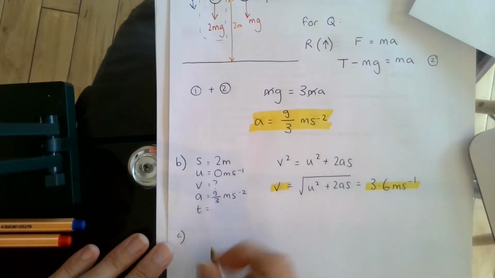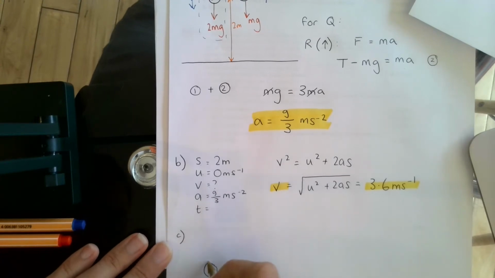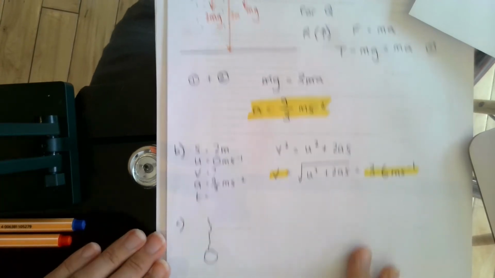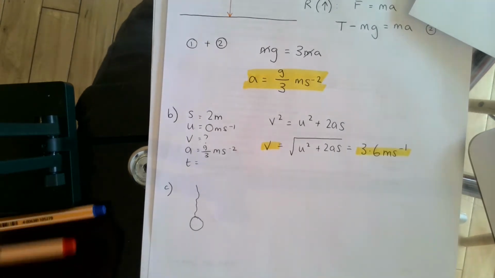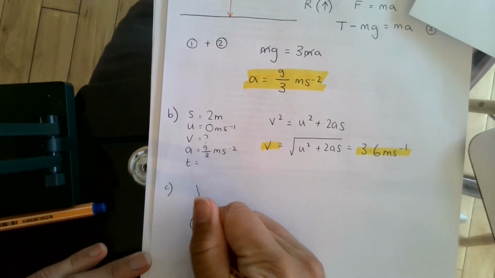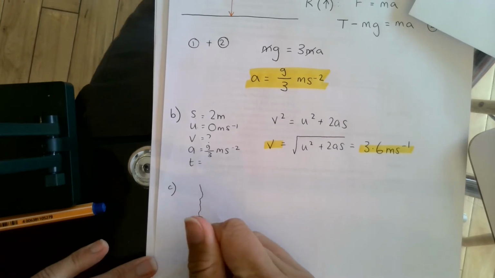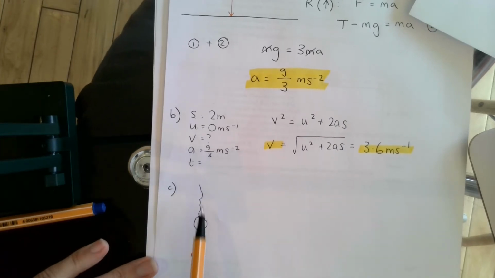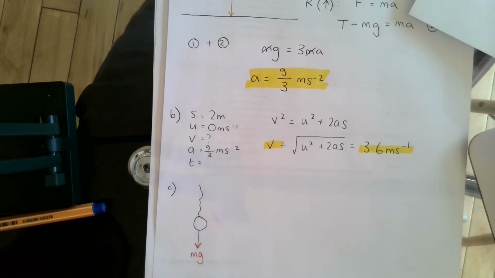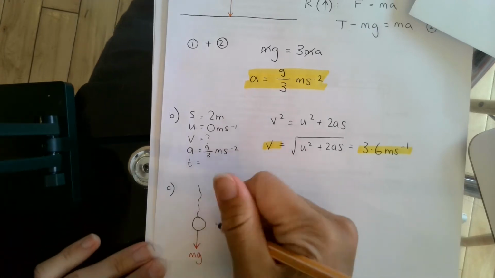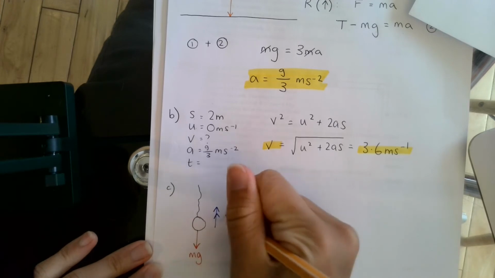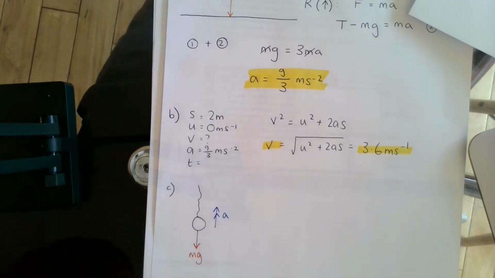So if I look at particle Q, the string will have gone wobbly. There's no tension in it. This is at the moment, remember, that P has hit the ground. I've still got that weight acting downwards, mg. That doesn't disappear. The tension, however, has disappeared. So I want to work out what the new acceleration is. What's going to happen to this acceleration?